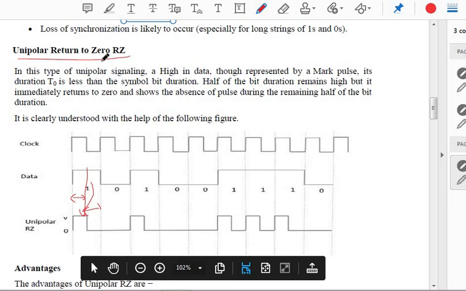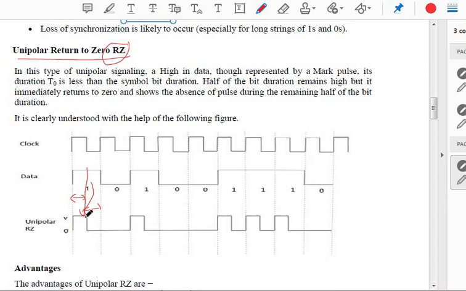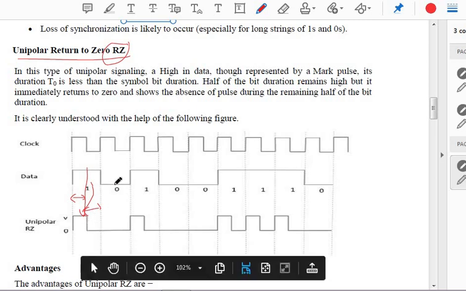So in return to 0 format, 1 is represented by positive high voltage for half duration and in the next half duration it becomes 0 again. It returns to 0. 0 is represented by 0 for the whole duration. 1 is again represented by high voltage for half duration and becomes 0 in the next half duration. Similarly, this one is represented by high voltage for half duration. So this technique is called unipolar return to 0.